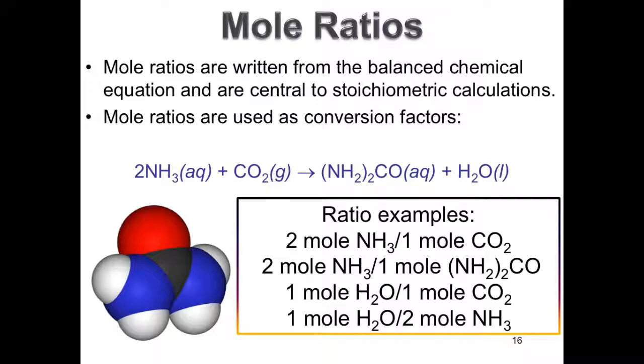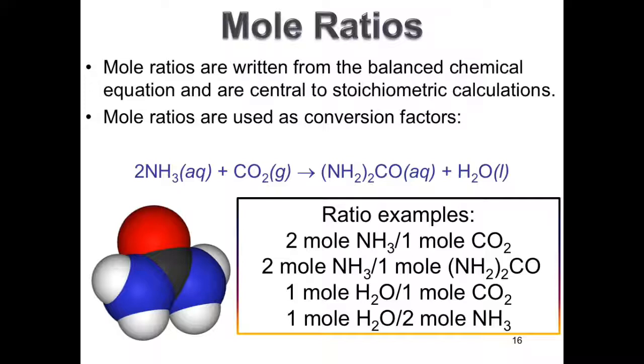So what does this mean? We can just look at it as a long set of ratios. For example, you need 2 moles of ammonia for every 1 mole of carbon dioxide in the reaction. You need 2 moles of ammonia to produce 1 mole of urea in every reaction.